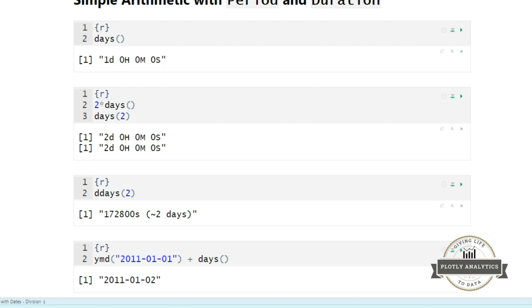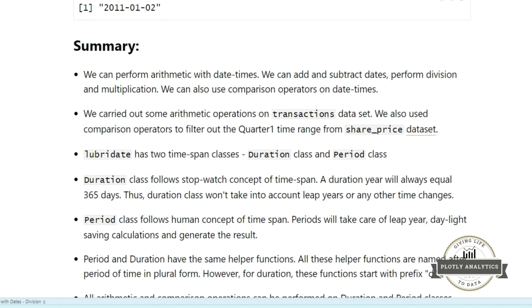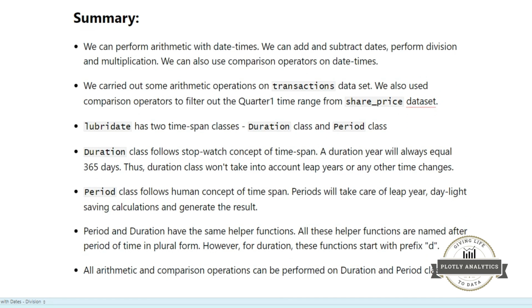Right, so let's quickly summarize what we have learned so far. We can perform arithmetic with date times. We can add dates, subtract dates, perform division and multiplication. We can also use comparison operators on date times. We performed some of the arithmetic operations on transaction data set. We also used comparison operators to filter out the quarter 1 time range from the share price data set.